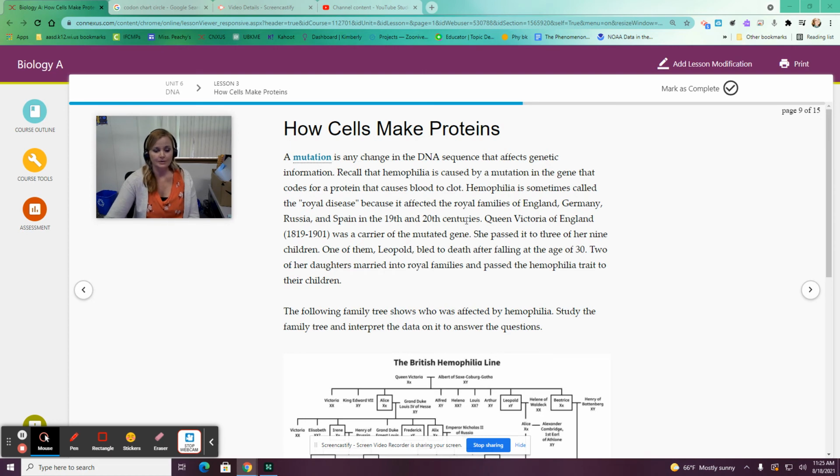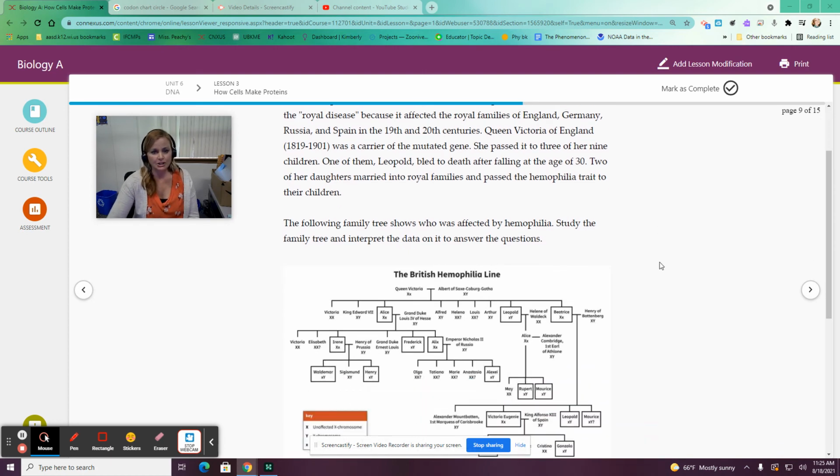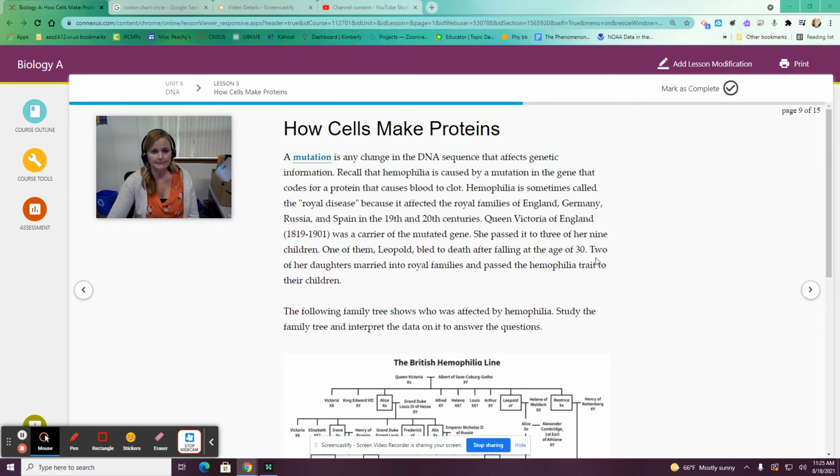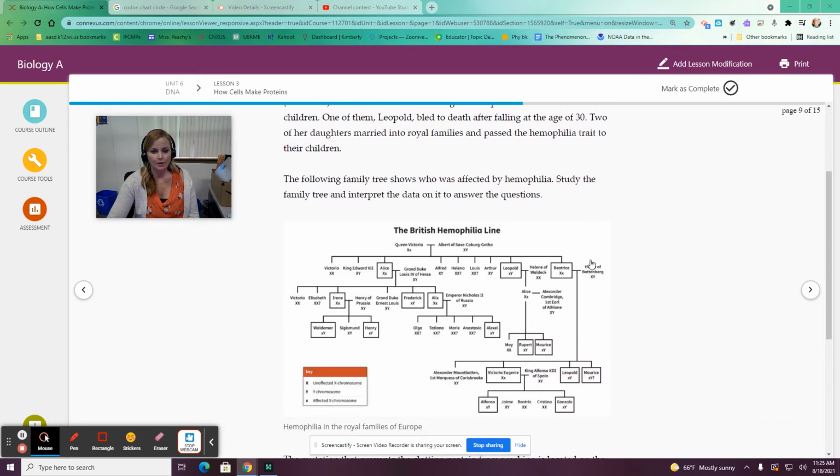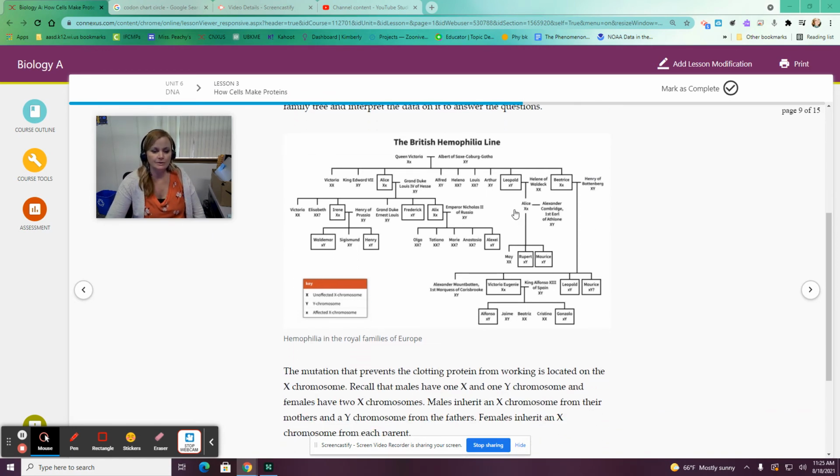And it talks about changes in DNA that are caused by mutations, and one of these affects a protein that helps to clot your blood, which results in a condition known as hemophilia. And then you can use a tool like this, which is a type of pedigree that enables us to track the inheritance of this trait from generation to generation.